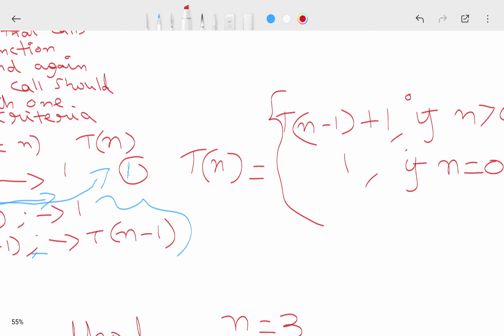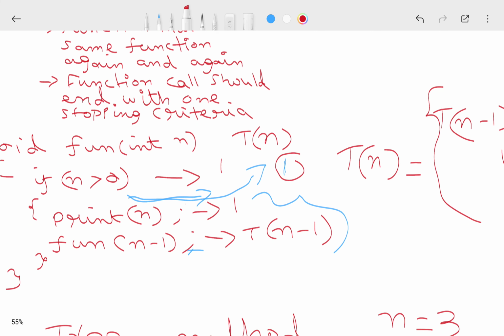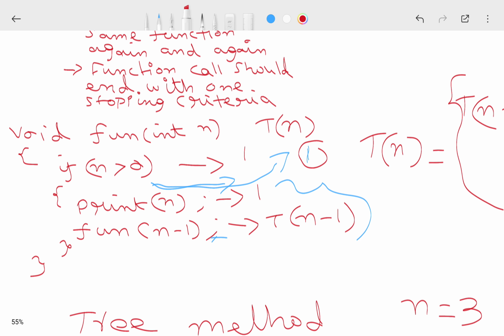Why is this? If n is greater than 0, then this condition statement will be executed, which takes one time unit, and this print statement will be executed, which takes one time unit, and this function call will also be executed, which takes T of n minus 1 time. So in total T of n minus 1 plus 2. That 2 we can, for simplicity, just use 1 instead of 2.